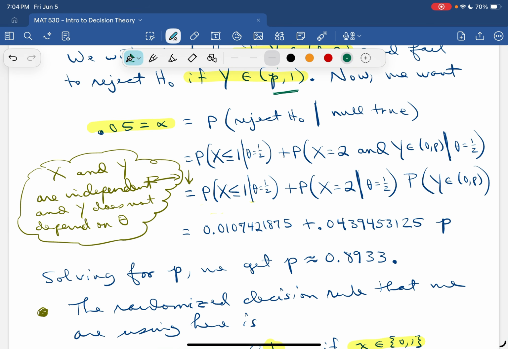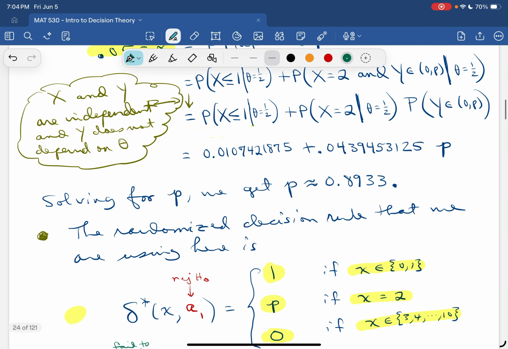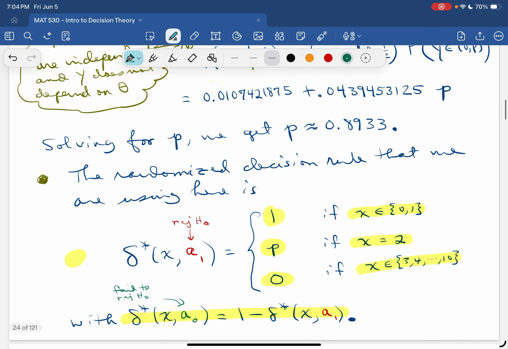So here is the randomized decision rule that we have put together. Given the data we observe, remember a randomized decision rule, once we observe data, is a probability distribution on the action space. And so remember we said if we observe x less than or equal to 1, then we know that we're going to reject with probability 1.